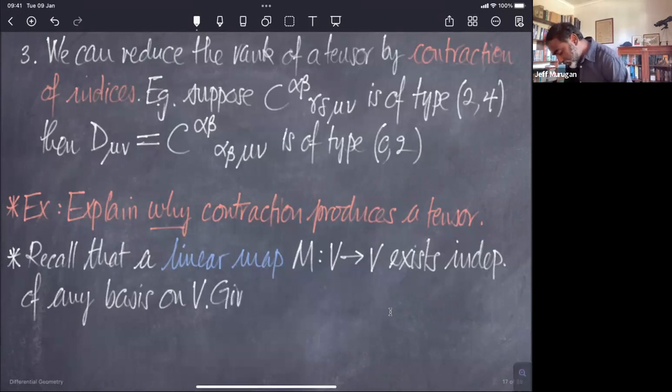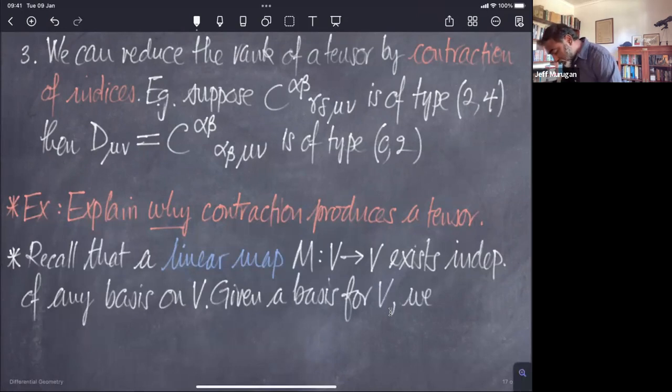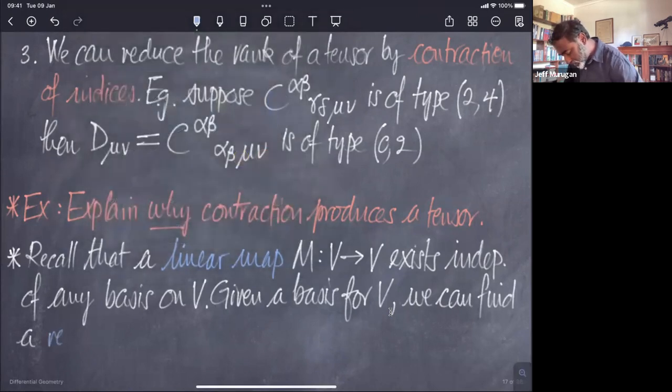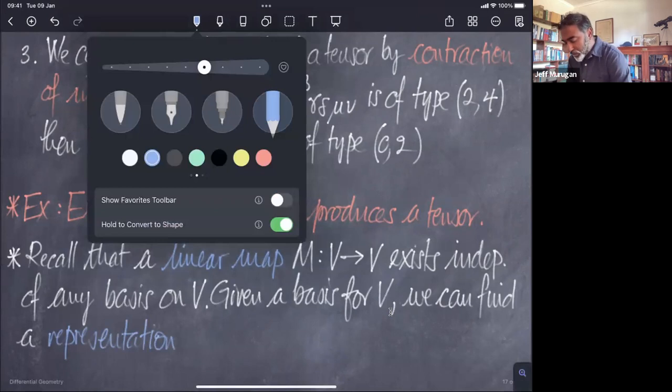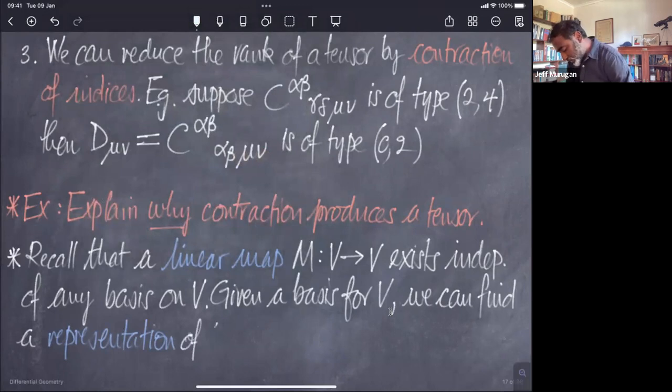So given a basis for V, we can find a representation of M as M acting on the basis vectors.